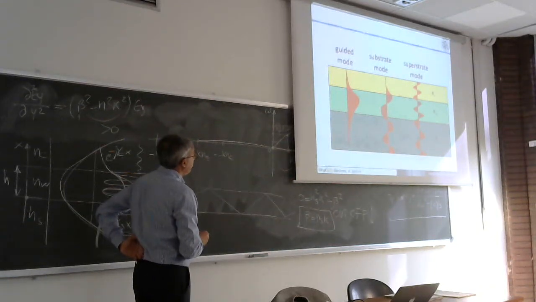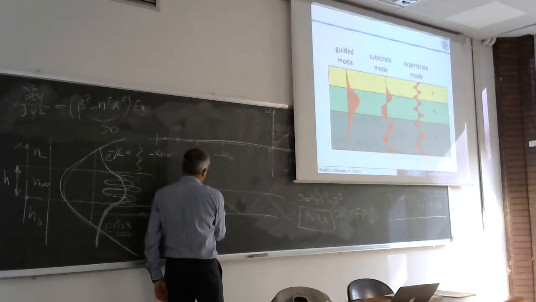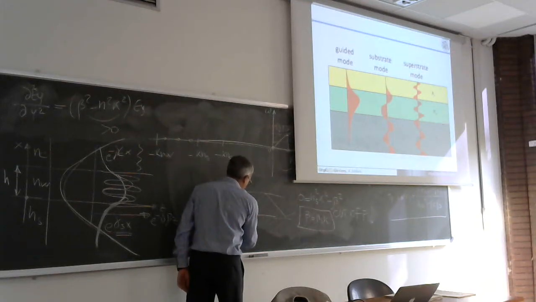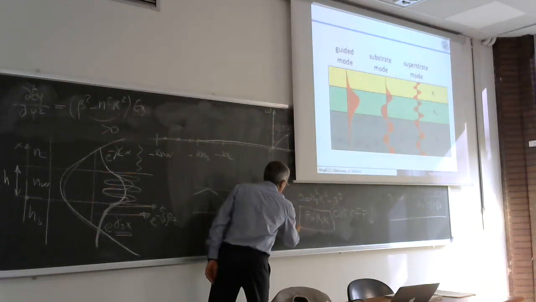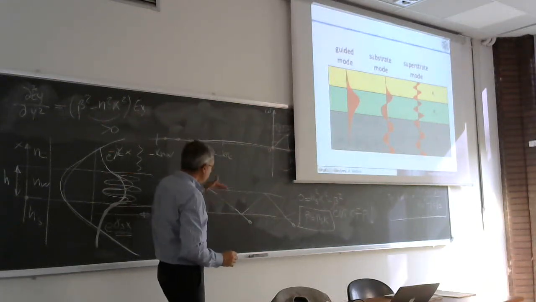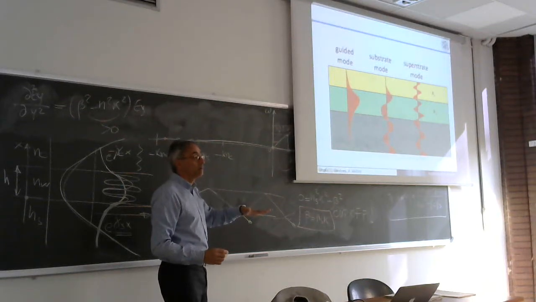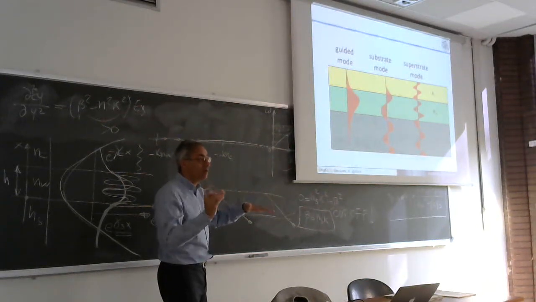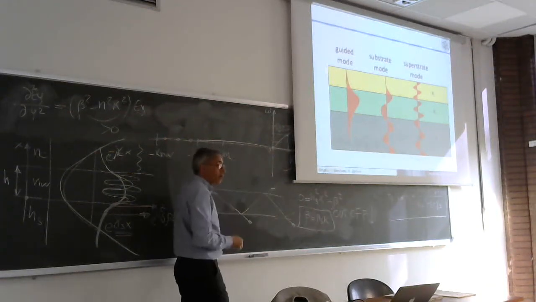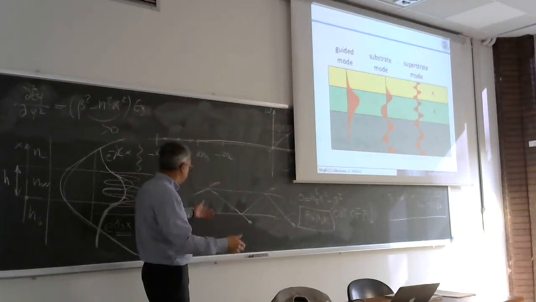The substrate radiative mode is something where you have total internal reflection here, but not at this point. So you lose the total internal reflection condition only on the substrate. And then if you decrease even more the frequency, at that point you start to lose also the upper part, if the waveguide is asymmetric.